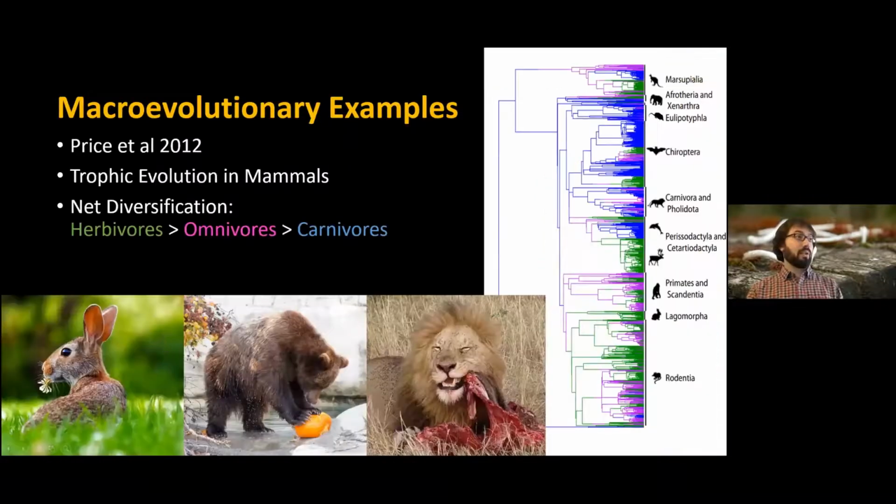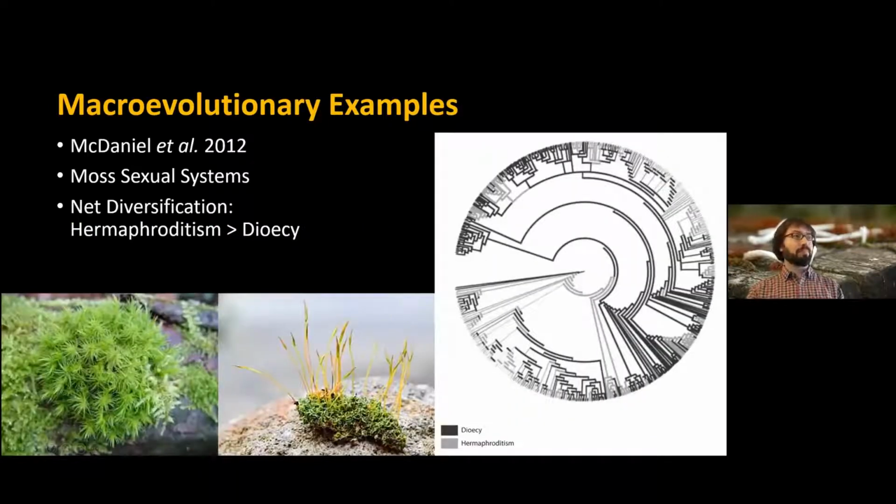Or Price et al. have found that we have higher diversification rates in herbivores than in omnivores than in carnivores. Or McDaniel et al. found that in moss, hermaphroditic lineages have a higher rate of diversification than dioecious ones.